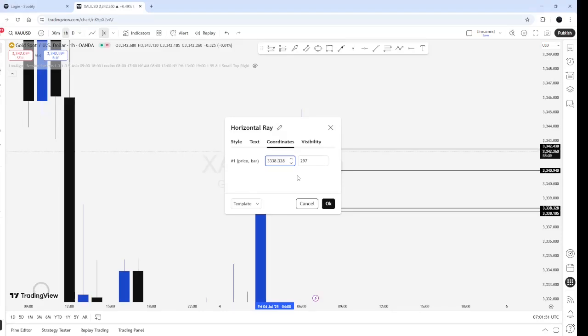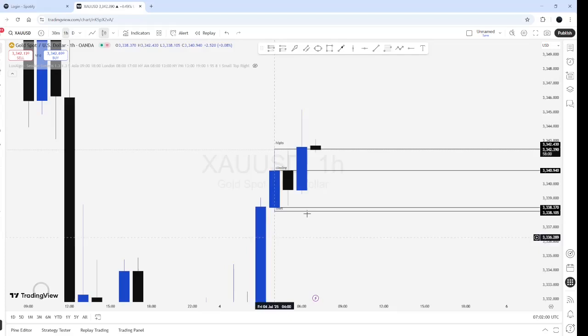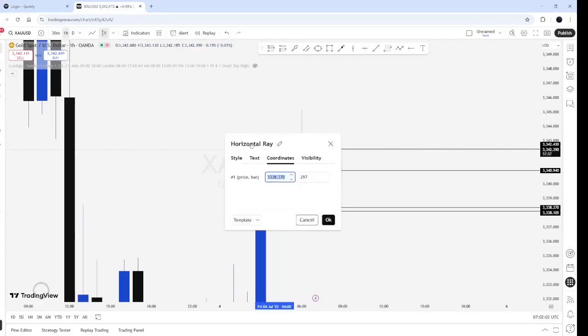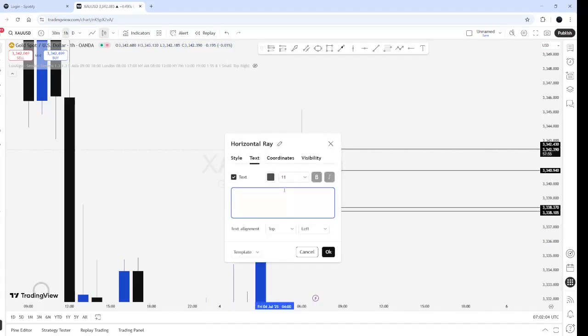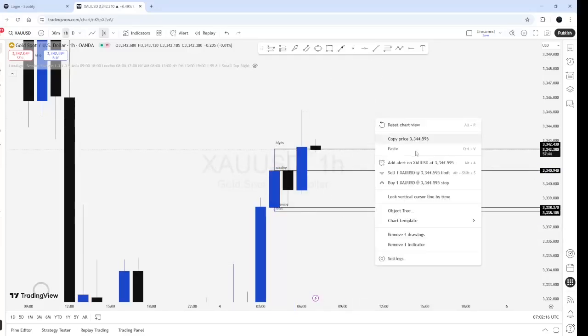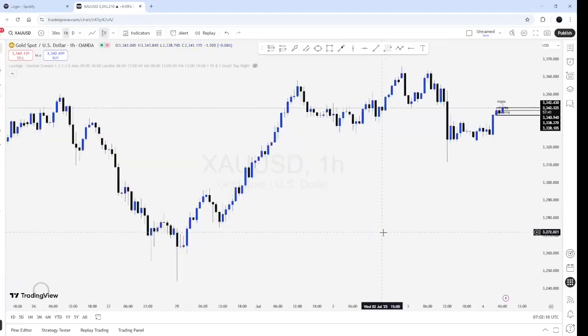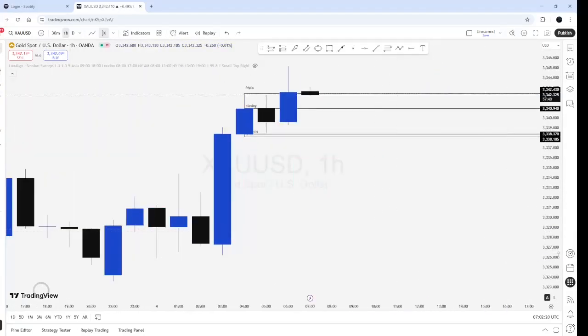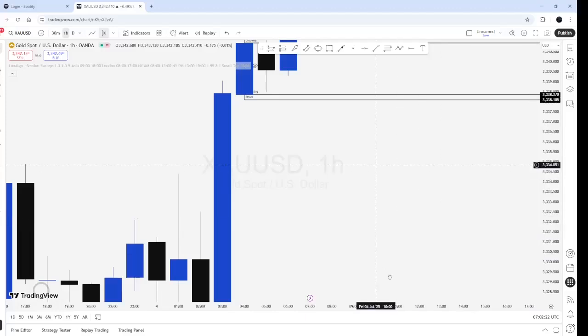And the opening is 3338.370. So this is the opening and this is the closing. Let me name it. Opening. So as you can see, we have the opening, the closing, and the lows.